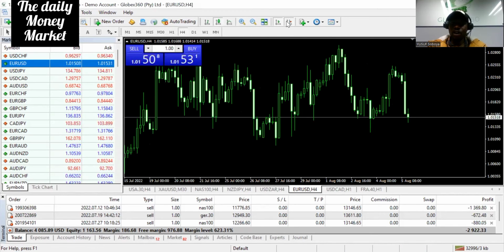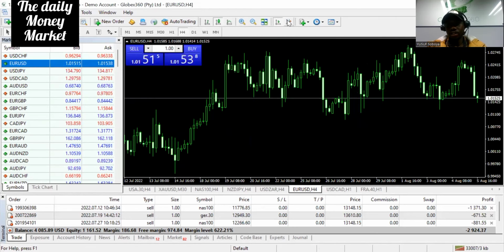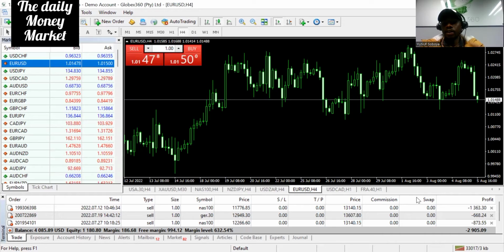Now, what we want to focus on today is why it has been the upper trade on all these instruments. The reason why it's been the upper trade on all these instruments is because of the global conflict that is happening right now.